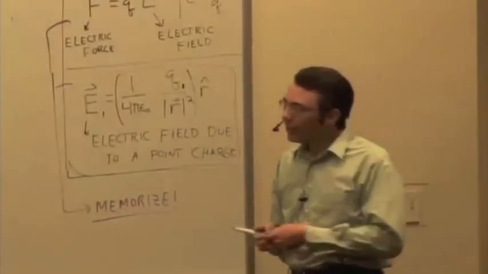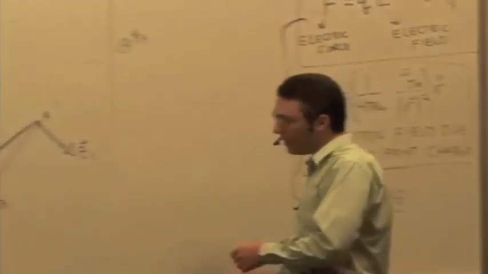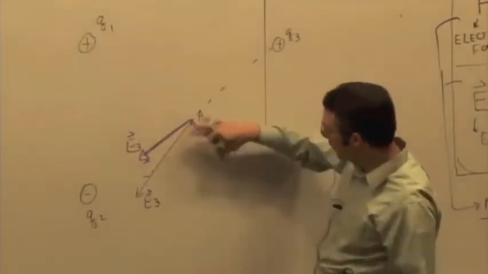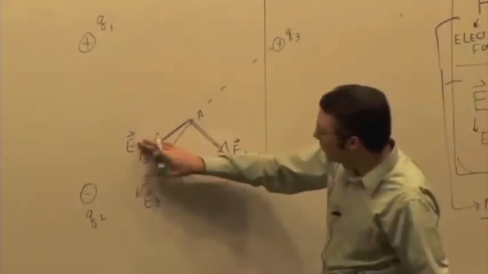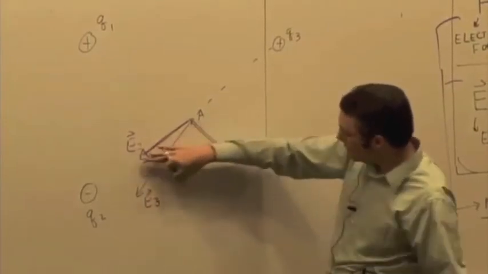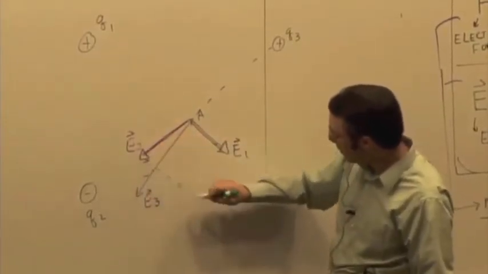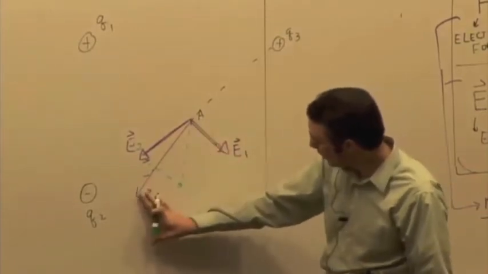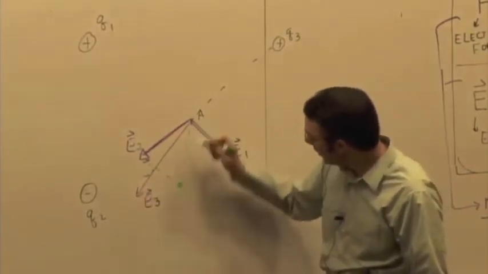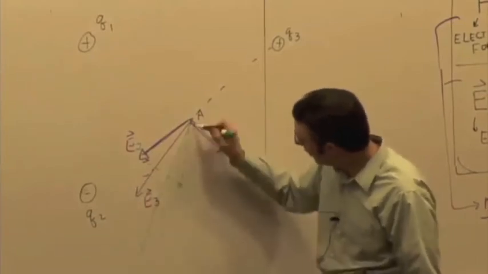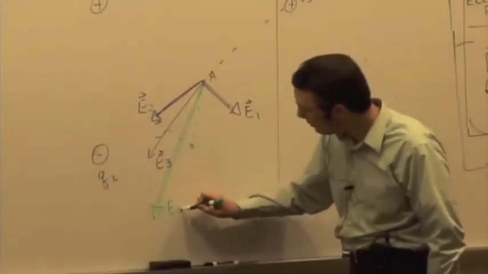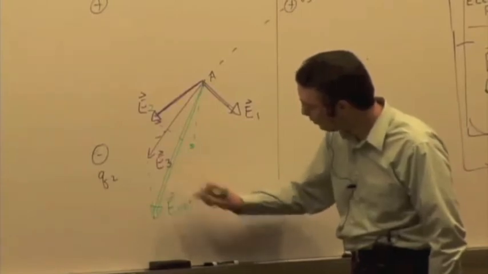Add up the vectors. Okay, so graphically, let's see. If I added these vectors together, I'd have, I don't know, E1, that's E2, sorry. E1 plus E2 would be something like that, and then add E3 together would give me something like that. So the net electric field due to all three of those charges would be something like that, okay, in that direction.